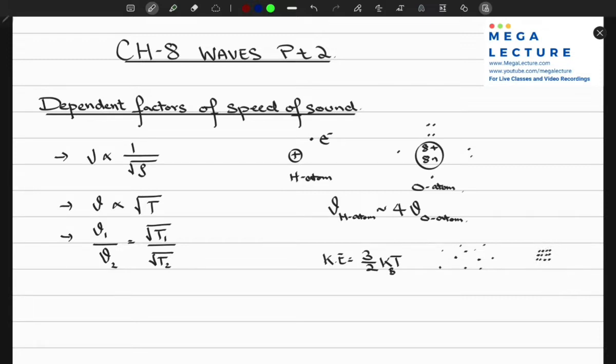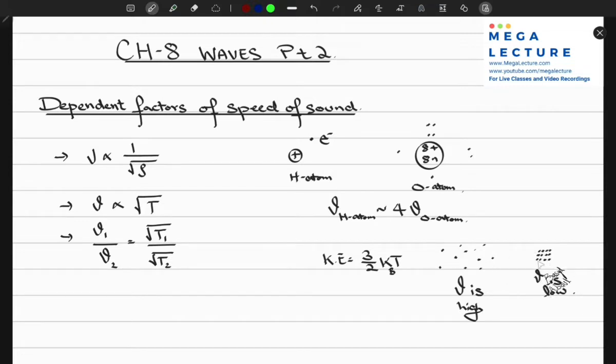When the temperature is high, atoms are jiggling around here and there, and the density is low. So the speed of sound where the temperature is high would be more. Here the speed of sound is high, while here the speed of sound is low.